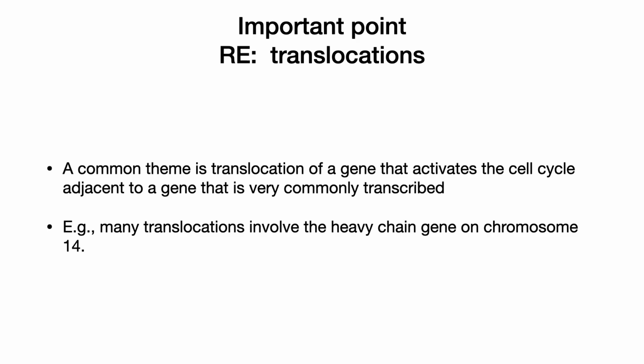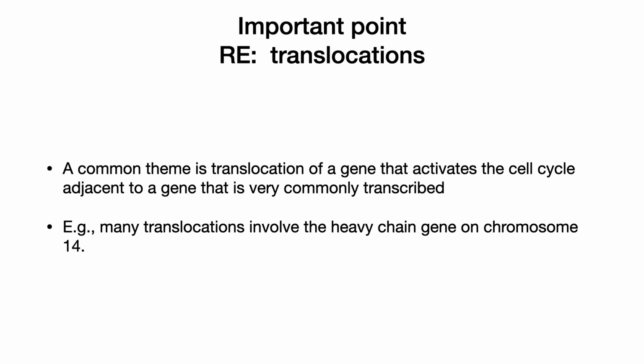Another important point with leukemia and lymphoma are translocations. A very common theme in hematopoietic pathology, or hematopathology, it seems, is a translocation. And commonly what happens is it moves a gene that isn't read as much during certain periods in life, like ones that control cell cycle, and it puts it next to a gene that's read all the time. A common one is the immunoglobulin heavy chain gene on chromosome 14.